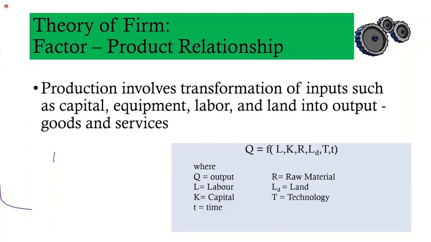Now we are going to look at how a firm would make decisions in terms of production. So when we talk about this, we look at 3 types of relationships.